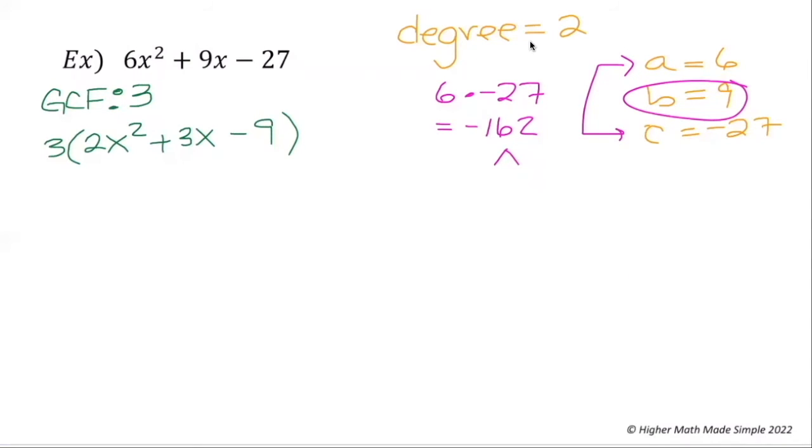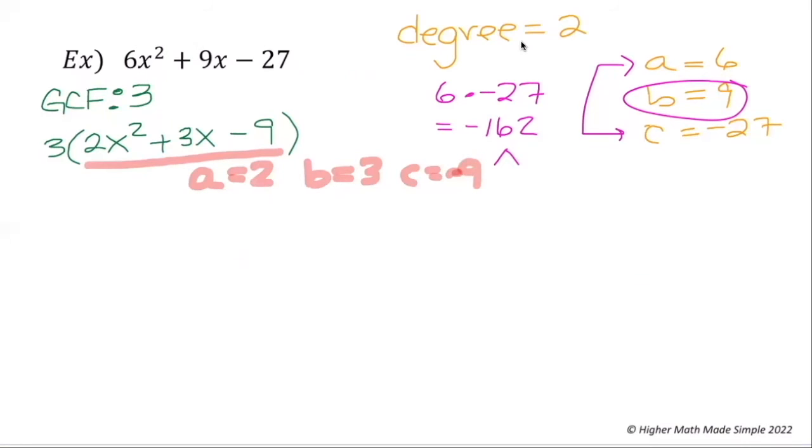What does this do? Now, instead of A, B, and C being 6, 9, and negative 27, we are trying to factor this guy here. So now we are dealing with smaller numbers. A is 2, B is 3, and C is negative 9.